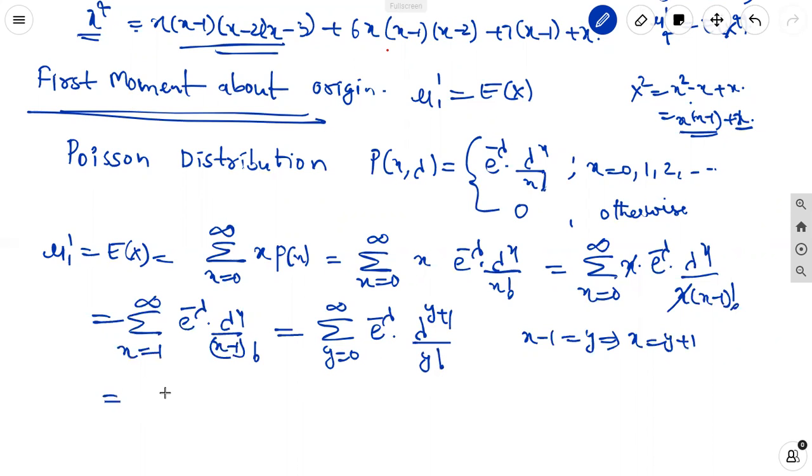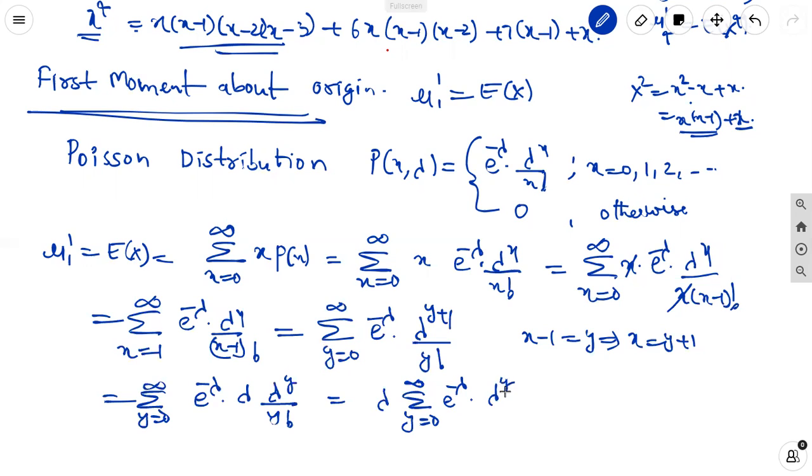It is equal to summation y equal to 0 to infinity e power minus lambda, lambda, lambda power y by y factorial. Lambda is taken outside, summation y equal to 0 to infinity e power minus lambda into lambda power y by y factorial.